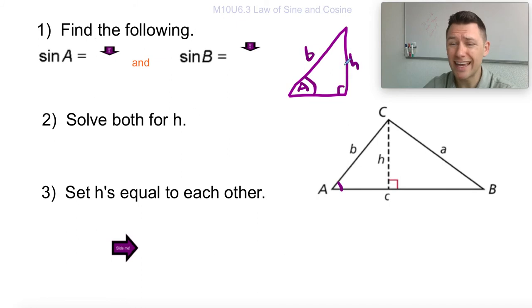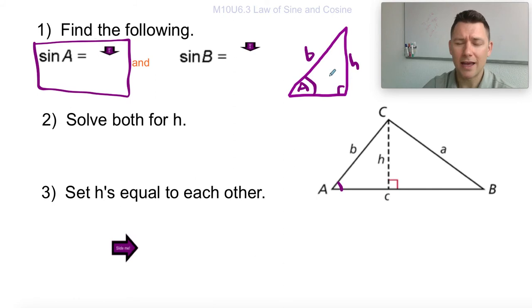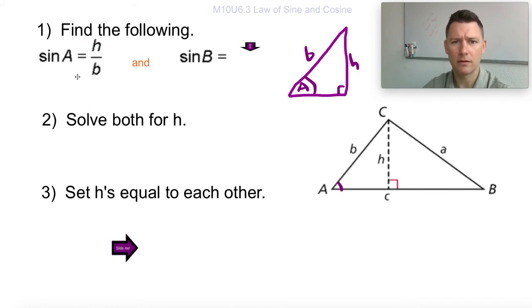I know this is H, we're calling it height. B is the hypotenuse because it's across from the 90-degree angle, right? So in here, sine of A is opposite over hypotenuse. So you should get H over B. Okay? Not too bad.